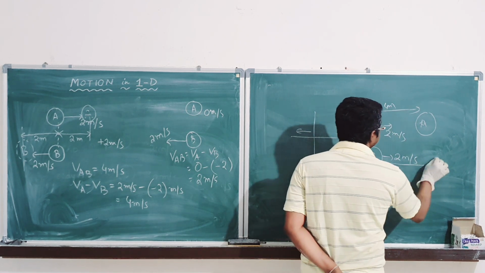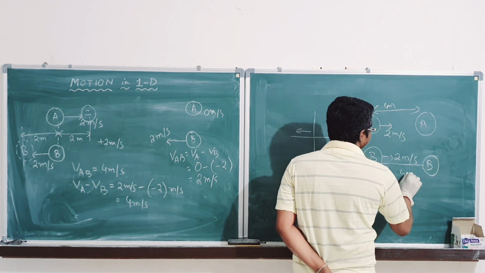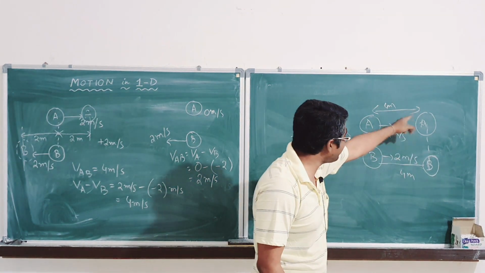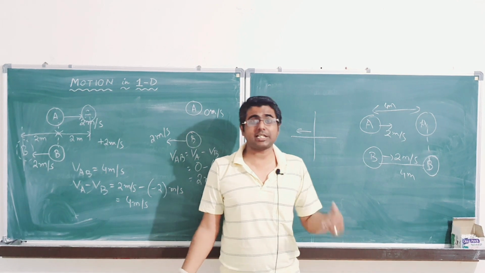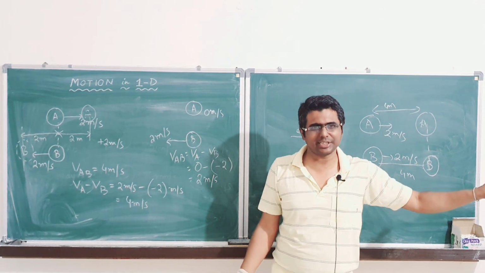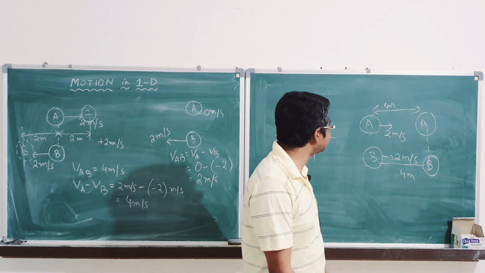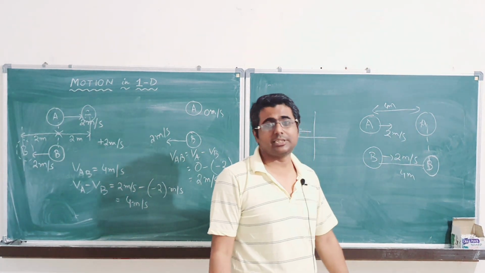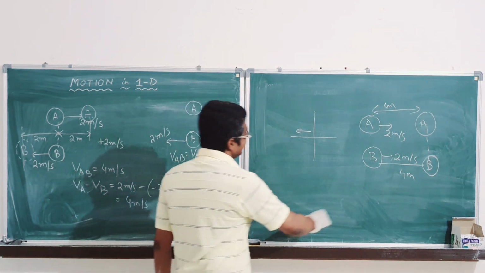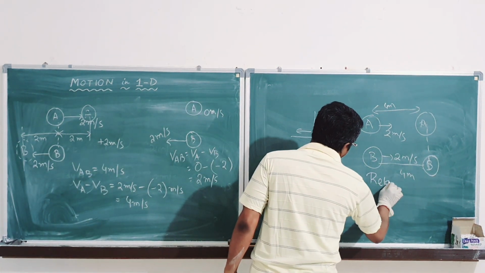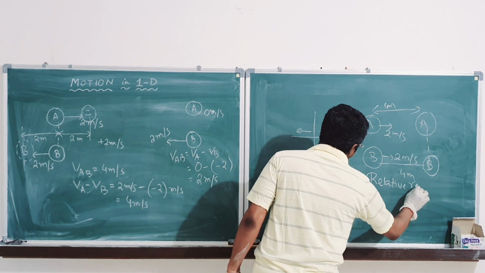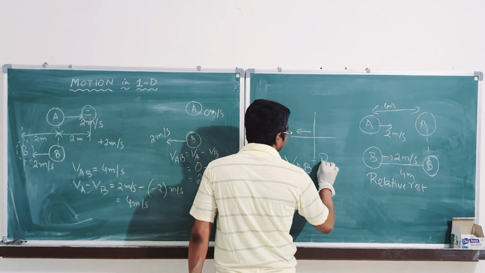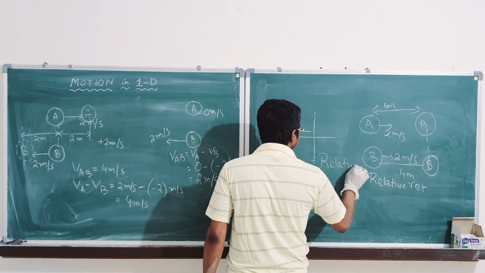In 2 seconds B will also move 4 meter. So will there be any difference in position of A with respect to B? No. With respect to surroundings, कोई position change नहीं हुआ है. So in that case, it is basically in rest with respect to B. So this concept is called relative rest. ठीक है? And this concept VAB is called relative velocity.